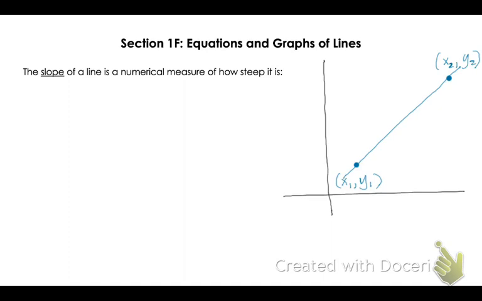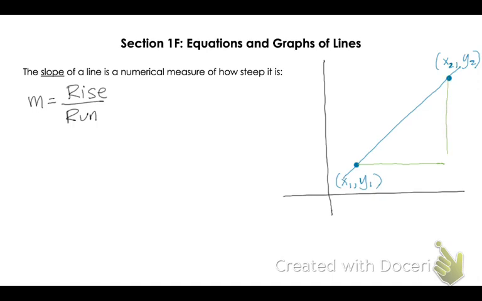Sometimes we think of slope and steepness as rise over run. You may have heard that before. Rise is how much you go vertically and run is how much you go horizontally. For our line, if I'm going left to right, how I travel from one point to another, this distance right here is what we call the run, how far I have to go to the right or to the left.